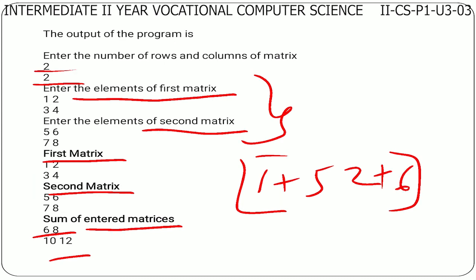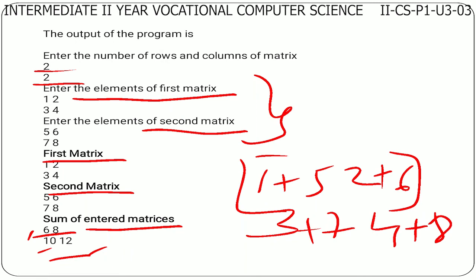Next, the third element is 3 plus 7. 3 is the third element in the first matrix, 7 is the third element in the second matrix, and last, 4 is the fourth element, plus 8. So we get 1 plus 5 is 6, 2 plus 6 is 8, 3 plus 7 is 10, and last 4 plus 8 is 12. So in this way we get the sum of two matrices.